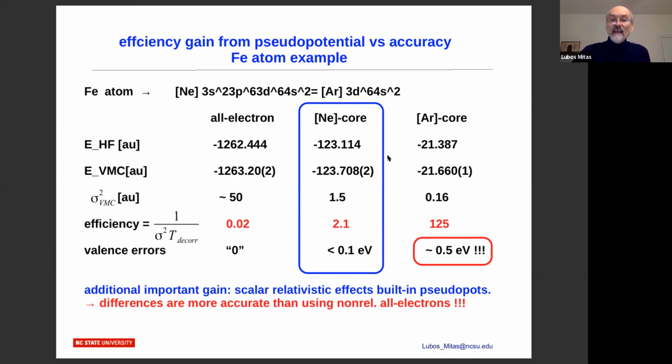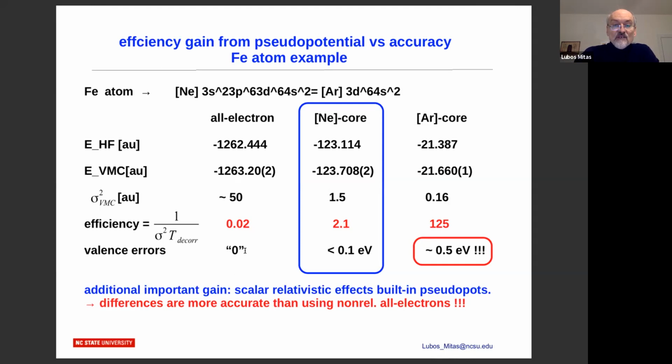Now, if you look at taking the semi-core, namely 3s and 3p electrons, into the valence space and adjusting correspondingly the effective core potentials, then you end up with a pretty good speed up, about a factor of 100, and you end up with errors which are controllable. They are below 1/10 of an electron volt, which for many purposes is enough.